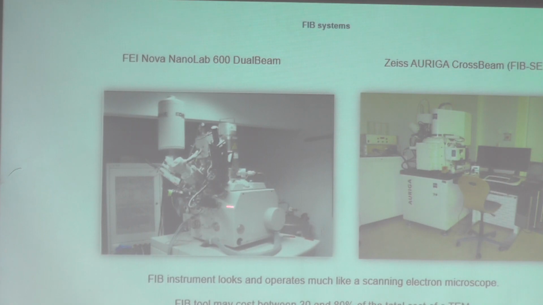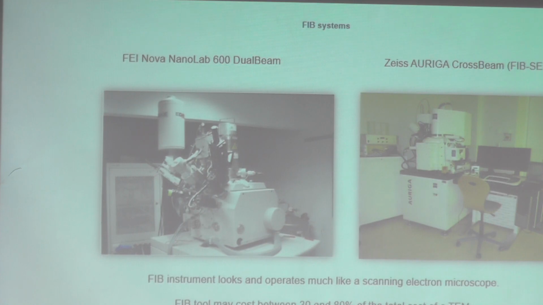Also, as in the case of SEM, you can add different options to your FIB system, detectors like an EDX detector and whatever. The system is very flexible, not only for TEM specimen preparation, but also for surface structure, for cutting your specimen, or making a cross section before going to TEM.